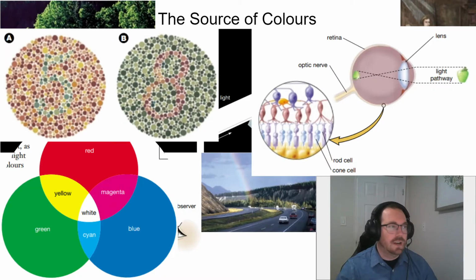And here is a quick picture that you may have seen going to the eye doctor's that they use in order to try to detect color blindness, which is really just an inability for those cone cells to properly determine which color light they are seeing and to properly discern between those different colors.